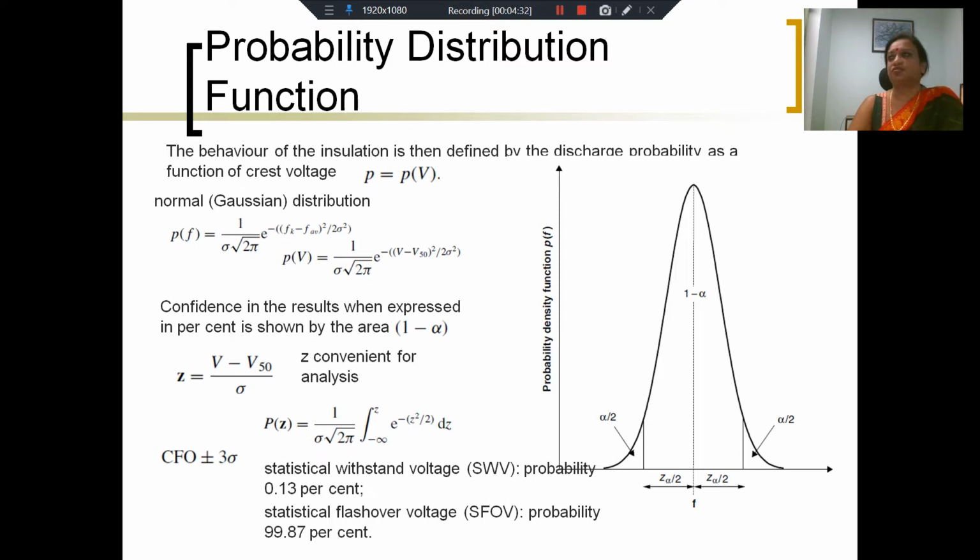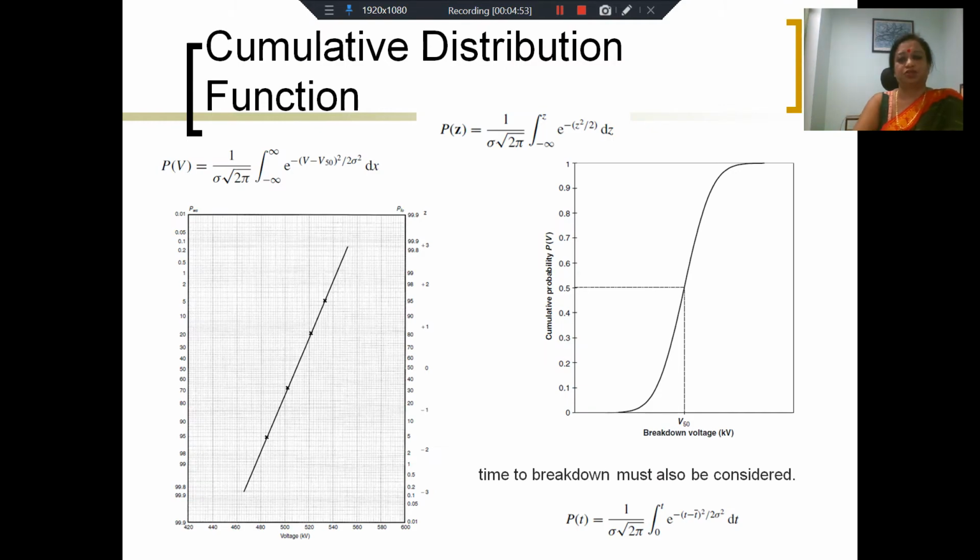I cannot say that with any certainty. Here, 30 kV per centimeter is an arbitrary value that I have taken. It does not have any relevance as yet. It could be something else.